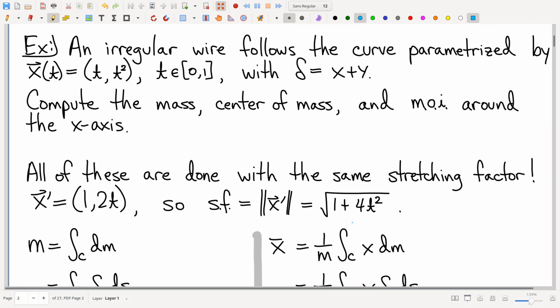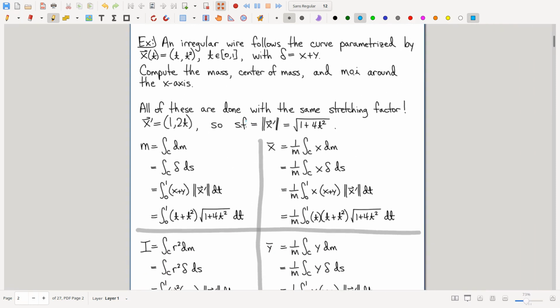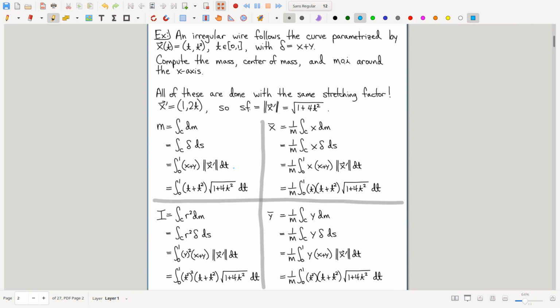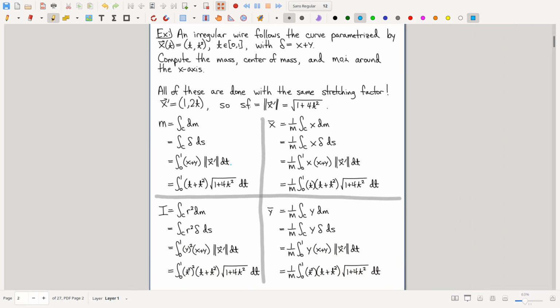I'm actually going to call this 4 examples. We've got some specifications for a wire distributed, bent around in the plane. The question says compute the mass, compute the center of mass, both coordinates, and compute the moment of inertia, let's say around the x-axis.